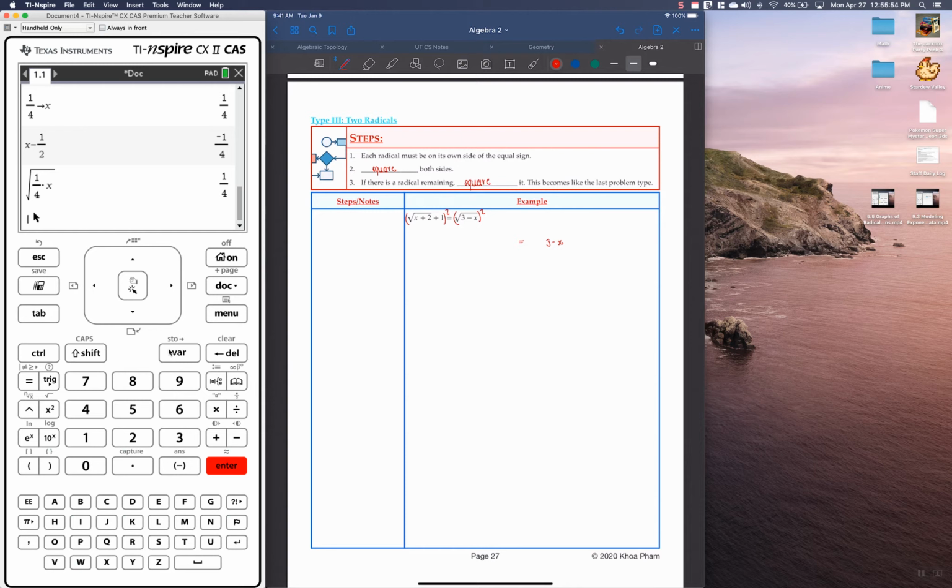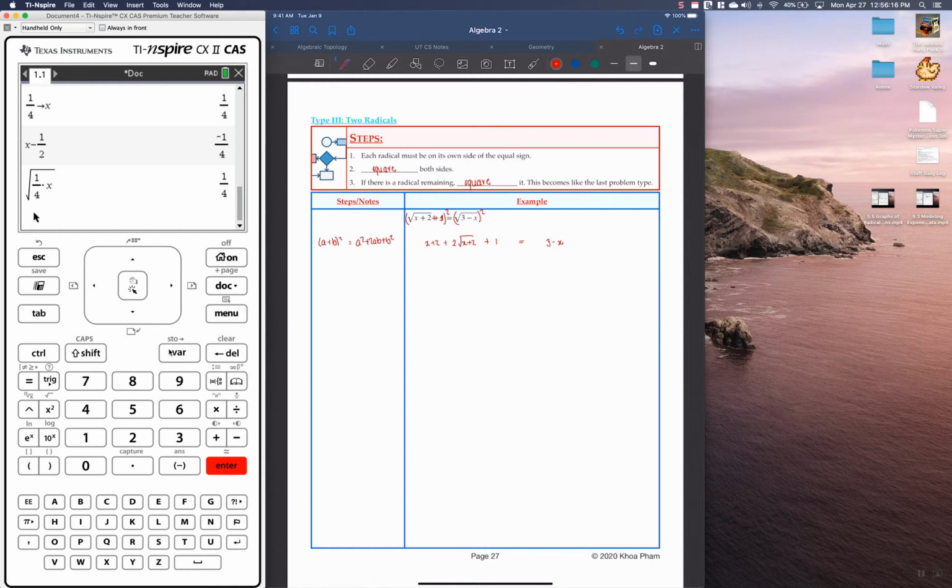On the other hand, this +1 here means that we have to FOIL that out. And once you do FOIL it out, and I recommend you use this formula here, you have x + 2 plus 2 square root of x + 2 plus 1.